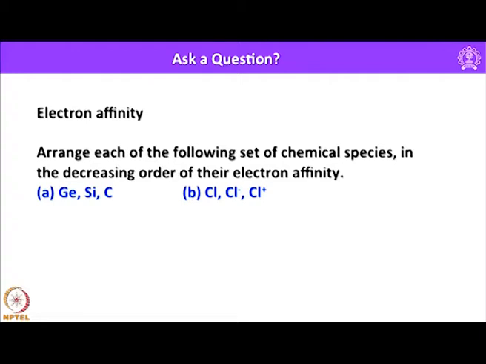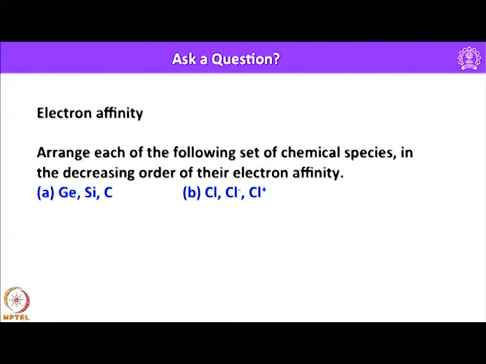Okay. So, let us look into the electron affinity. The question here is given for 2 sets of chemical species: arrange each of the following sets of chemical species in the decreasing order of their electron affinity. So, we have to see the 2 groups. In one group, essentially germanium, silicon and carbon are given.